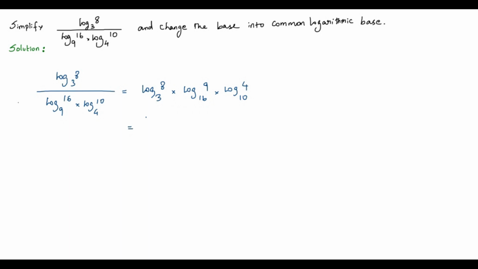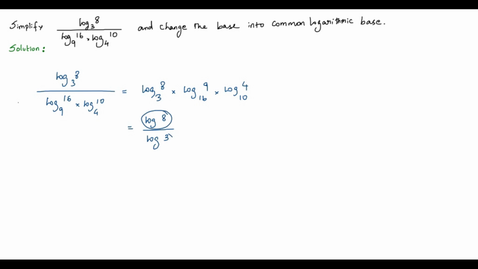It's very simple. To get common logarithmic base for the given logarithm, we have to write 2 logarithms in division with the arguments 8 and 3. So 8 is going to be the argument of the logarithm in the numerator, and 3 is going to be the argument of the logarithm in the denominator.